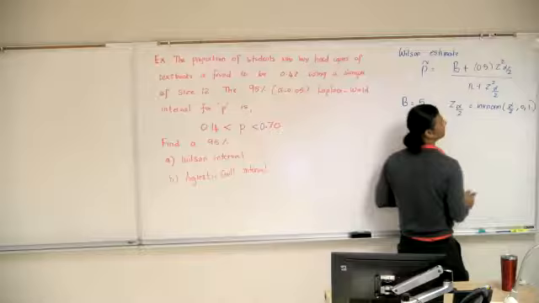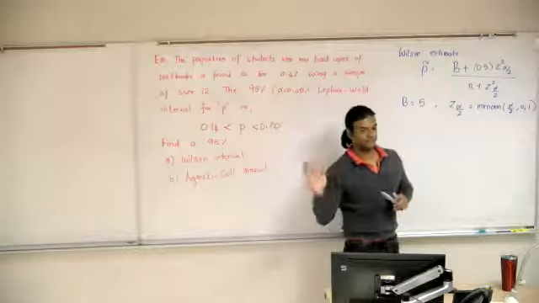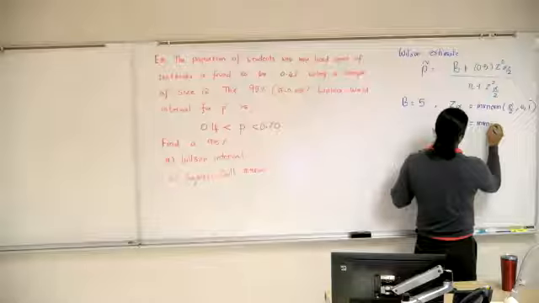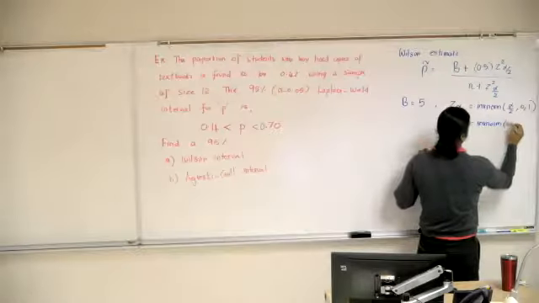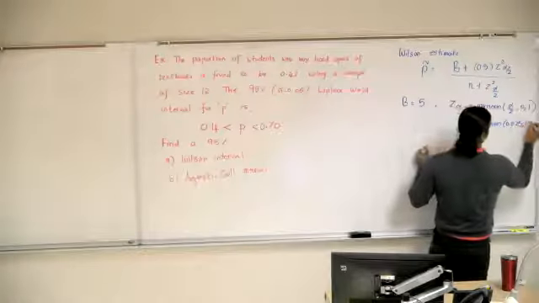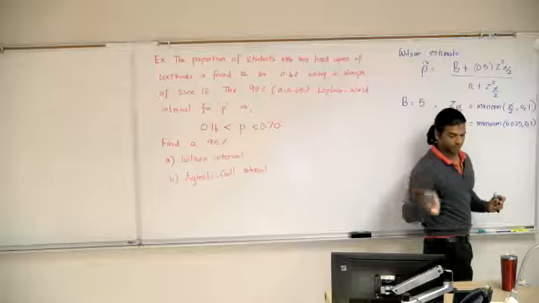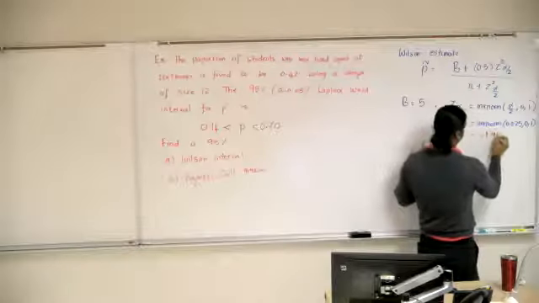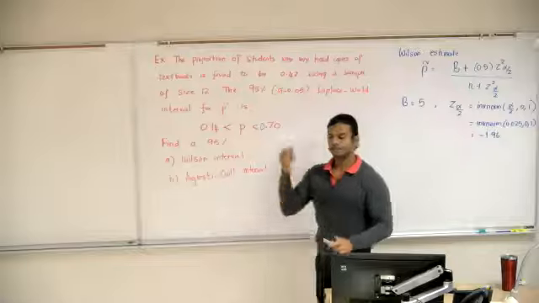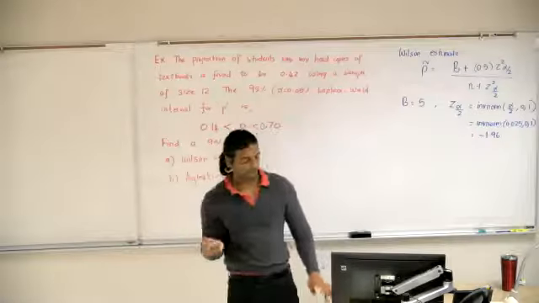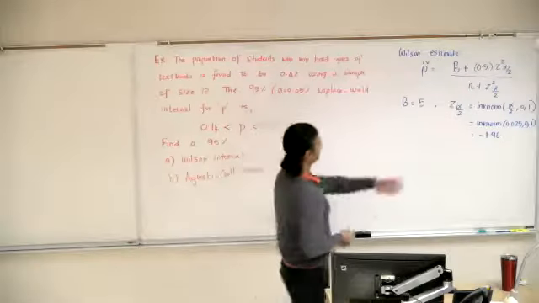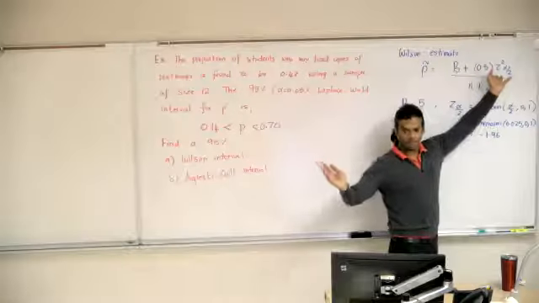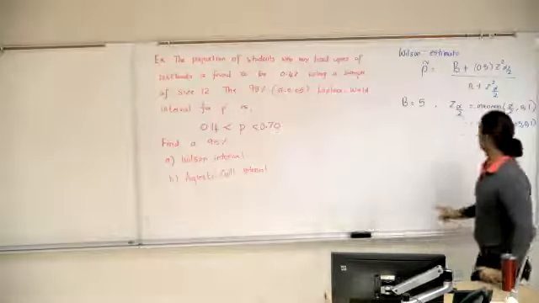Alpha is 0.05, so 0.05 divided by 2 is 0.025. That will be negative 1.96. But when we find the confidence interval, we take the absolute value. Here, we're squaring, so the negative is going to go away. What's 0 and 1 in the inverse norm?